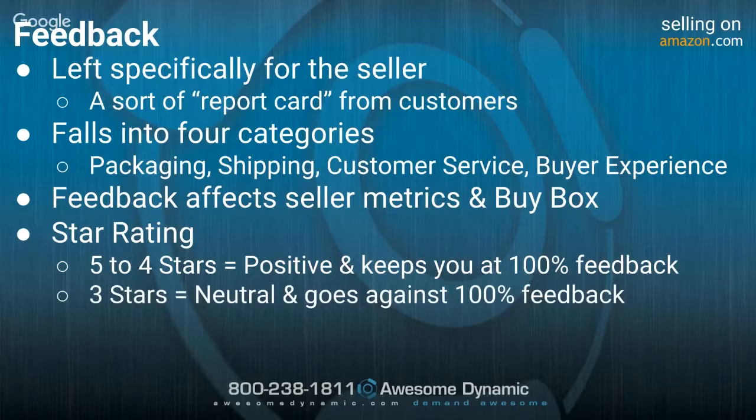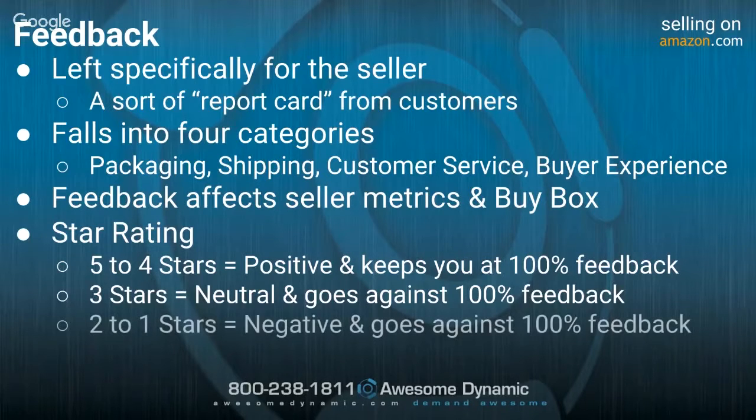The next option is going to be 3 stars. 3 stars Amazon considers neutral, and that does go against your 100% feedback rating. And then there's 2 to 1 stars. Those are negative feedbacks, and those go against your 100% feedback rating in a big way. So that's just a breakdown in terms of how Amazon classifies the different types of ratings for feedback.